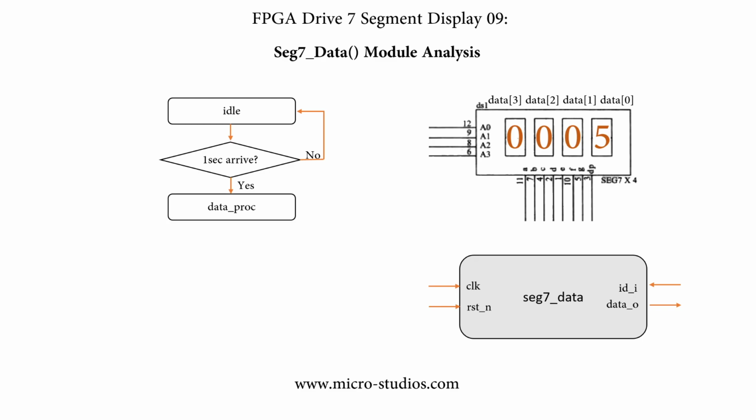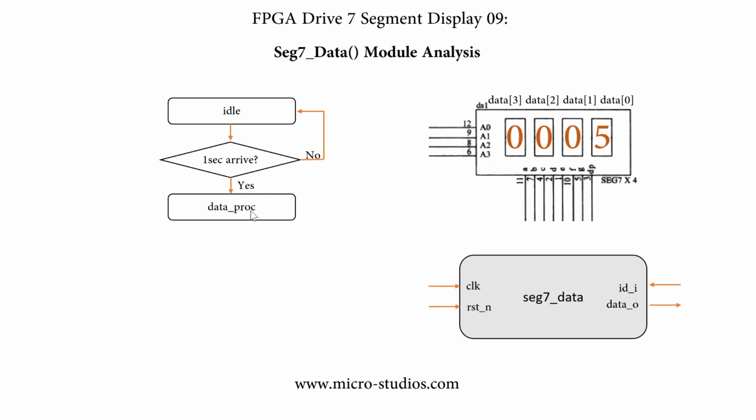What does the data processing do? It basically handles the data array, each bit data, and increases 1 here until this bit reaches 9, and then it will increase 1 here. If this bit reaches 9, it will increase 1 here. If this bit increases to 9, then it increases this one, and so on.